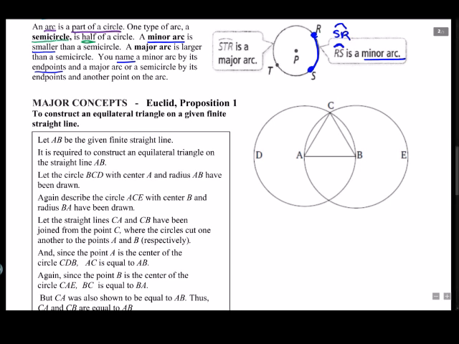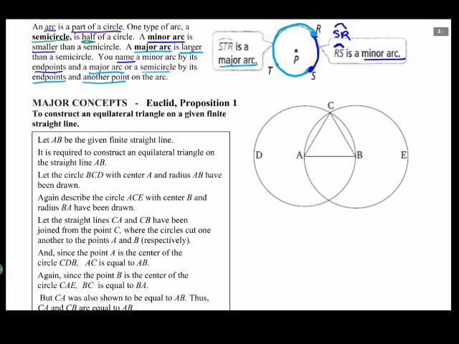The other type of arc is a major arc, and a major arc is larger than a semicircle. We name a major arc or a semicircle by its endpoints and another point on the arc. So our major arc here also goes from S to R, but this time we're going the long way.